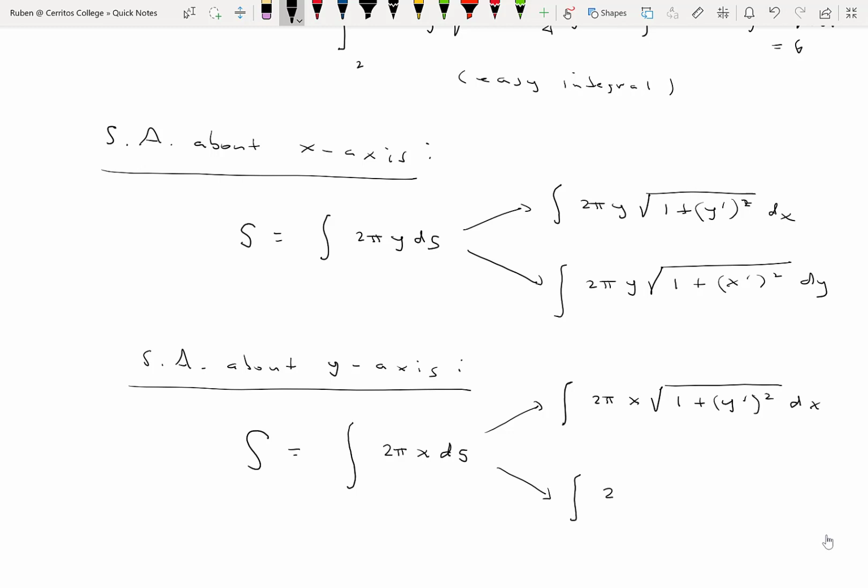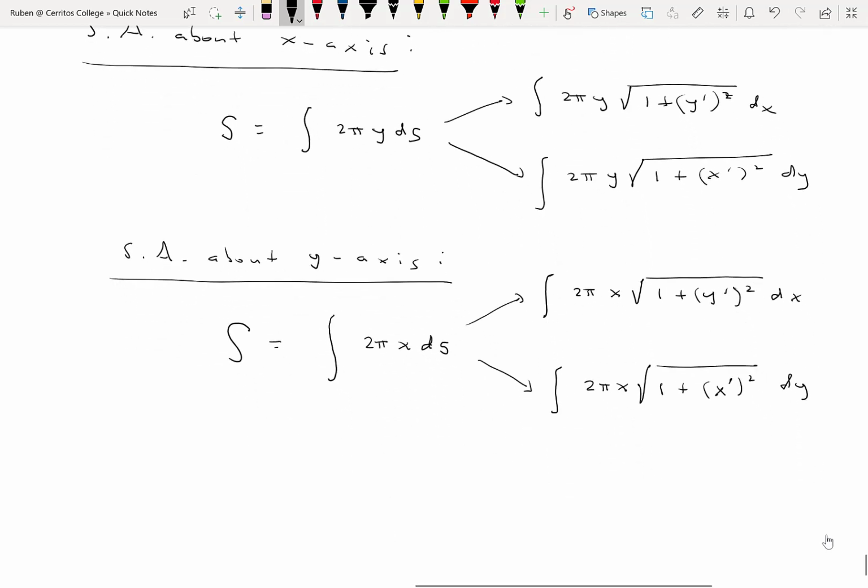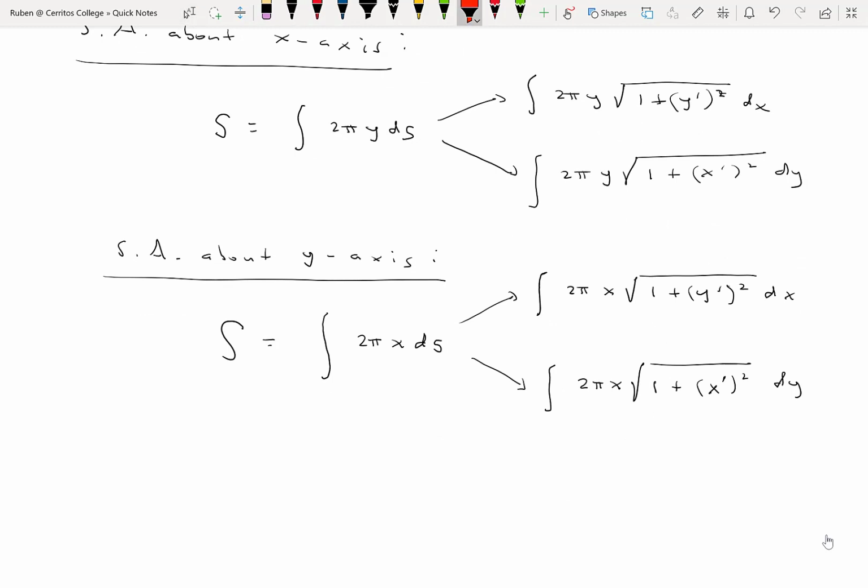Now the formula, if you choose to integrate with respect to y, is still the integral 2 pi x square root of 1 plus, not y prime squared, 1 plus x prime squared, I got caught up in my own formulas here, x prime squared dy.